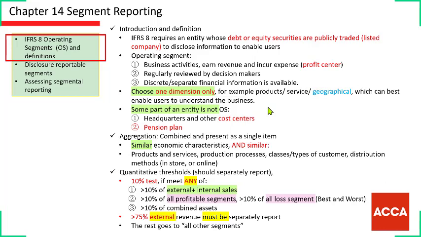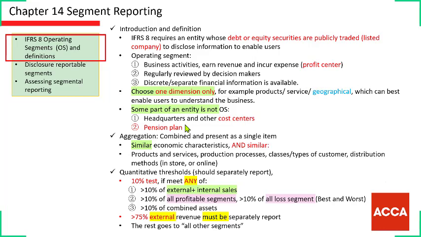Cost centers should not be operating segments. A pension plan is also not an operating segment, it's a plan. We only evaluate a pension plan by the net asset, which is the surplus, or the net liability, which is the deficit of the DBP or DCP, right?